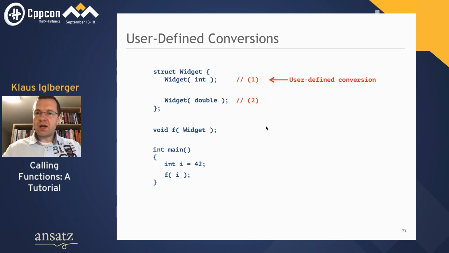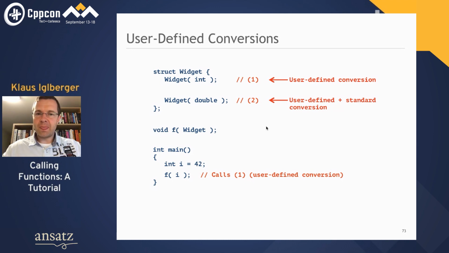But constructor 1 is just a user-defined conversion, whereas constructor 2 is a user-defined conversion and a standard conversion. So the integer has to be additionally converted to a double. This is why constructor 1 is considered the better match. So I call function 1 and function 2 is not considered anymore.